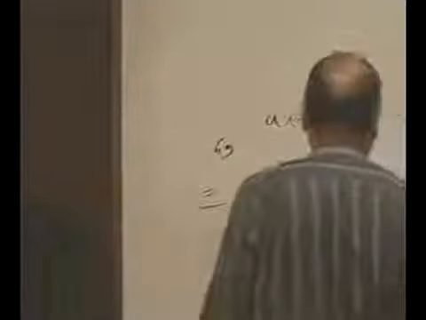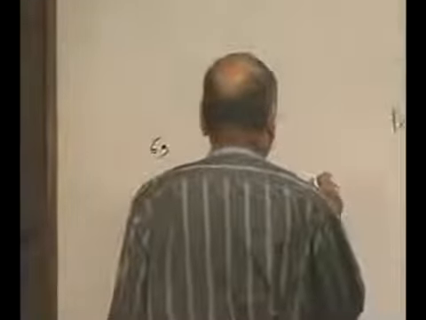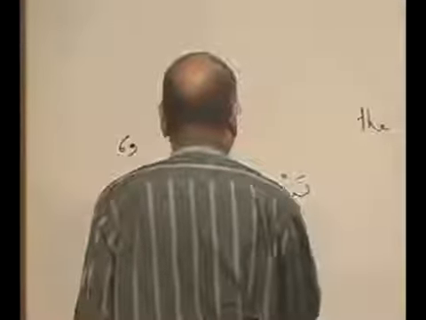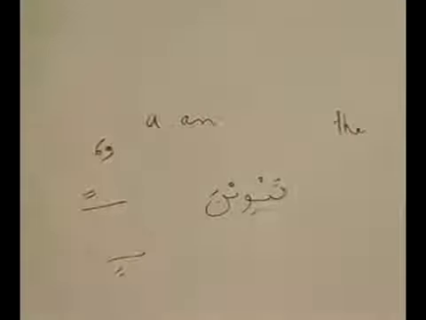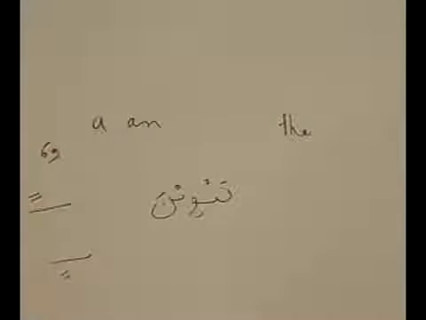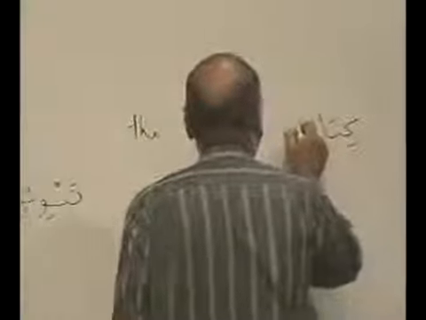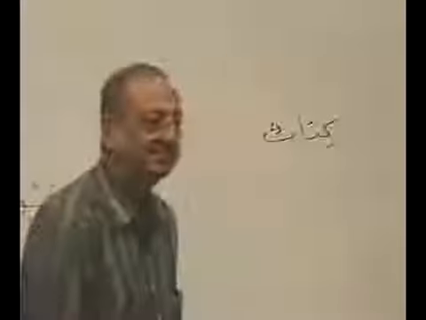What is it called? Tanween. Tanween tells us that the noun is indefinite. Are you with me? Tanween will tell us that the noun is indefinite. If I say kitabun, what is the English?